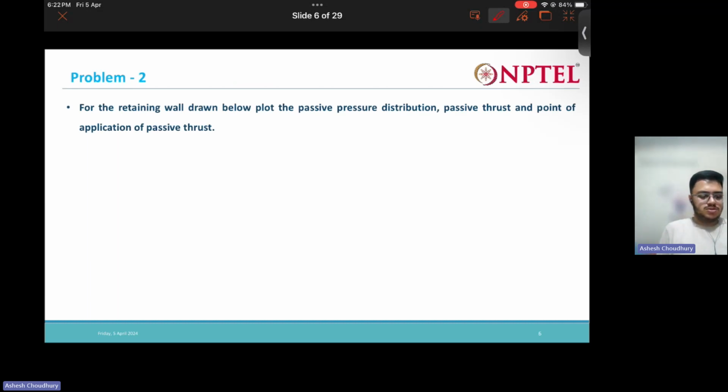Now let us see the next problem. This is also similar, but here we will be having three layers. So I will just draw the figure for you.